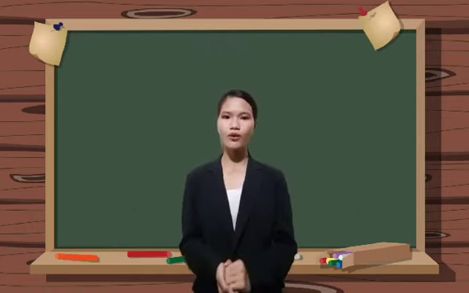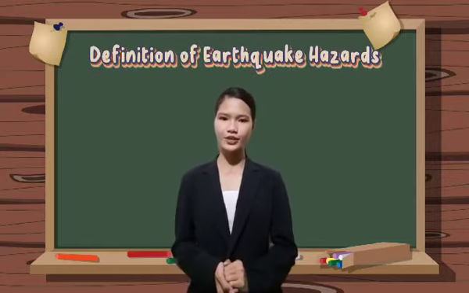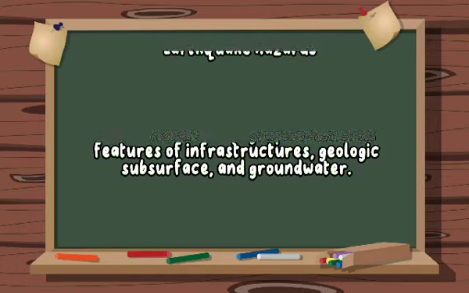So now that we know what is earthquake and hazard, let's know the definition of earthquake hazards. Earthquake hazards may be experienced depending on the strength of the seismic activity, and factors such as topographic and built features of infrastructures, geologic subsurface, and groundwater.